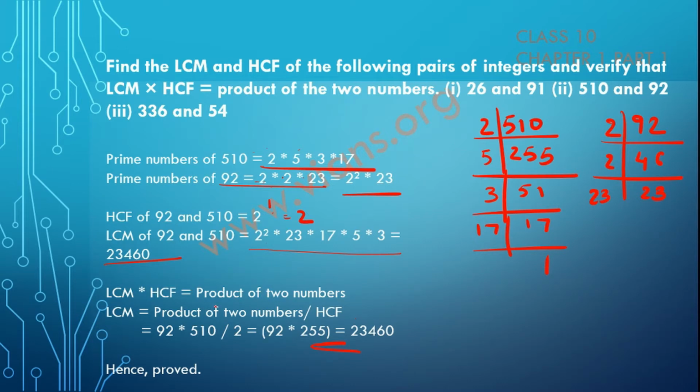Now let's try to prove that LCM into HCF is equal to the product of the two numbers. So LCM is equal to the product of these two numbers, that's 92 into 510, divided by 2, that's nothing but 255. Let's multiply that.